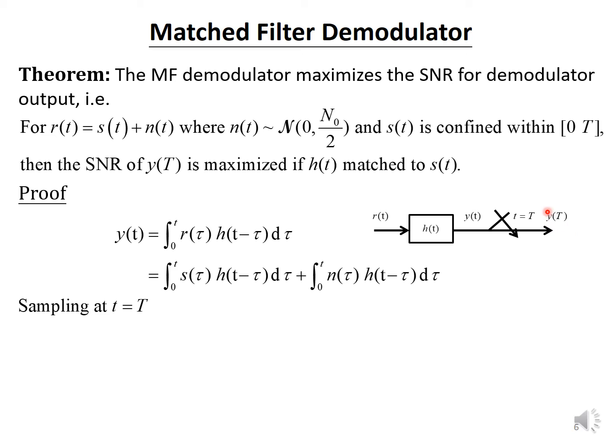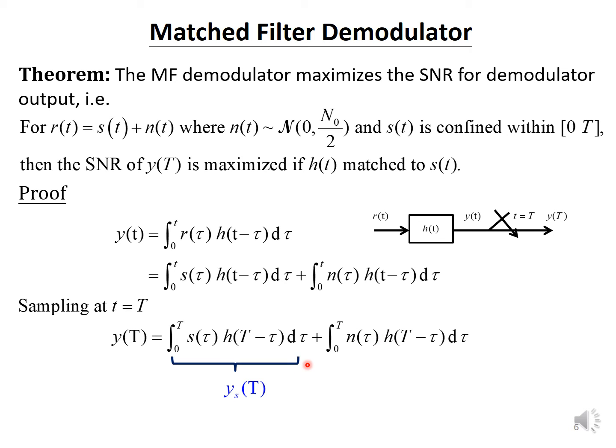And then we have this Y(T), that's t equal to capital T. So here we have y(t), we have Y(T), right? That means we have all the t equal to capital T.